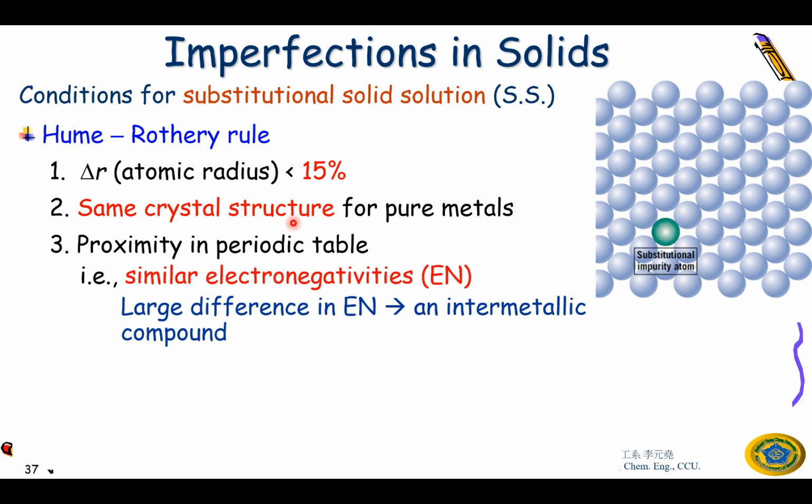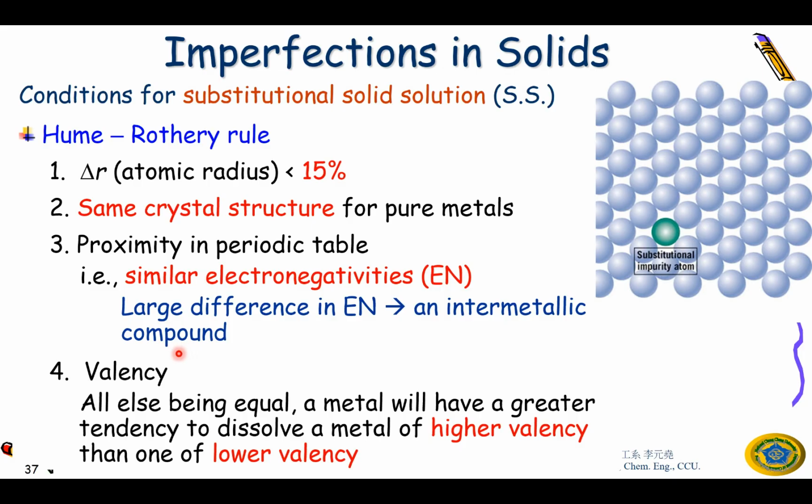The third one is that, in the periodic table, you need to choose a similar electronegativity. If the electronegativity is very different, you will make an intermetallic compound rather than a solid solution.